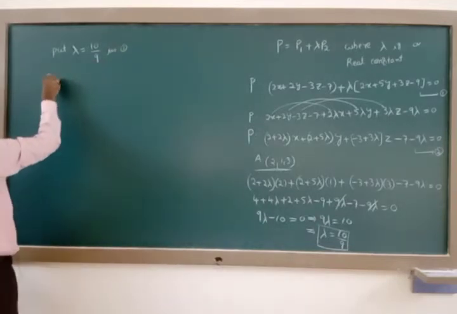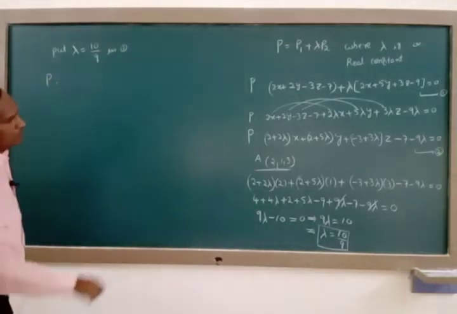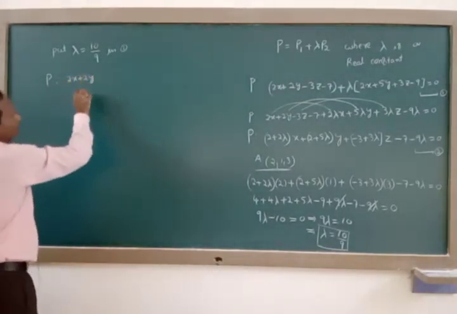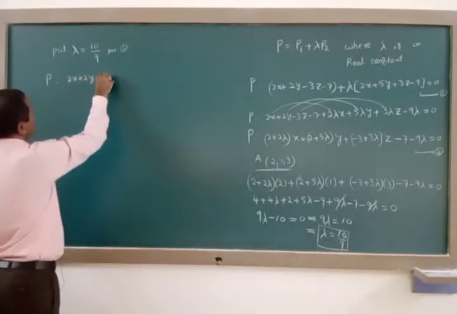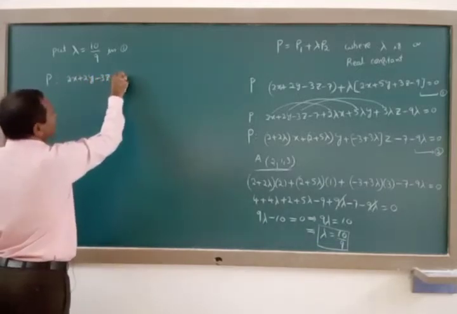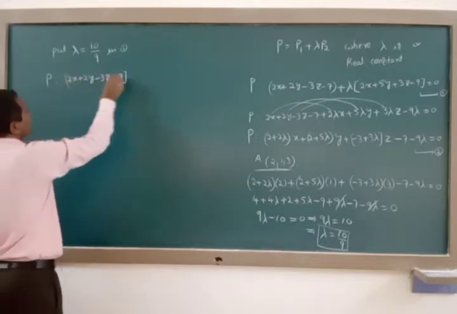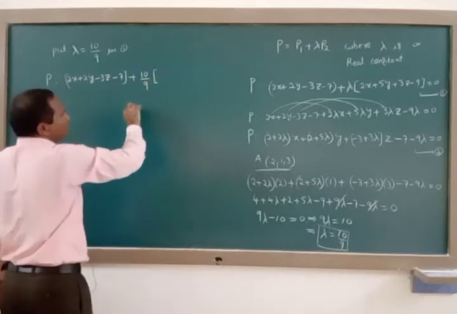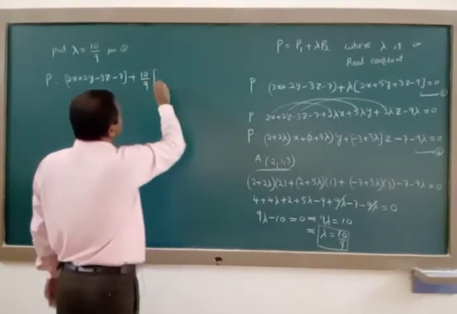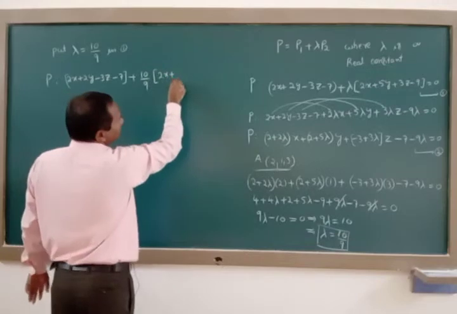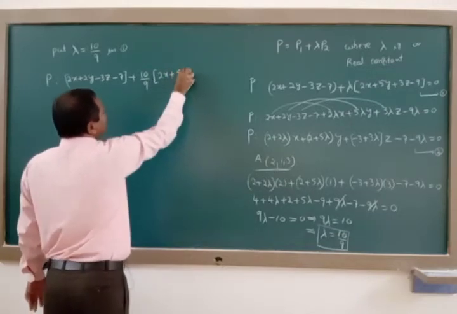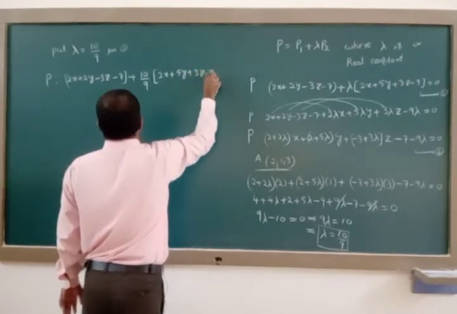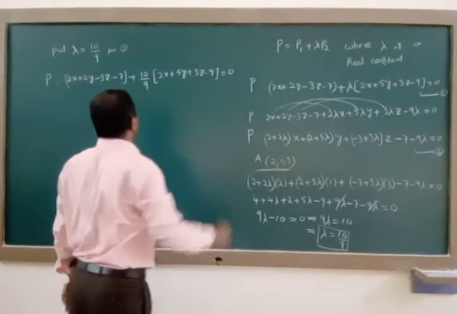Capital P says that P is 2x plus 2y minus 3z minus 7, plus lambda value 10 by 9 into the second equation, 2x plus 5y plus 3z minus 9, is equal to 0.